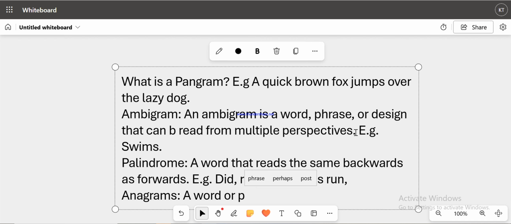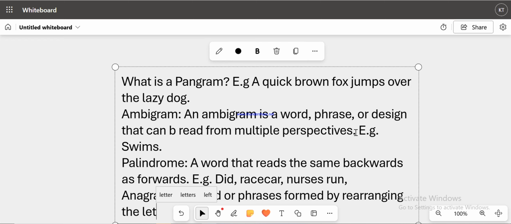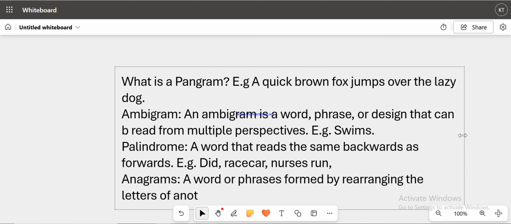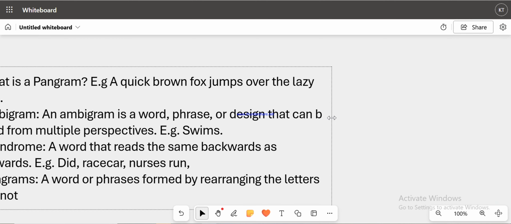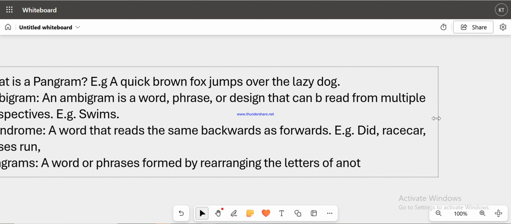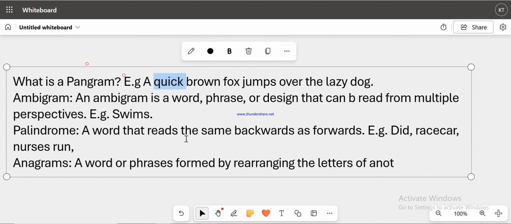A word or phrase formed by rearranging the letters of another word. Now let's look at the examples we have.